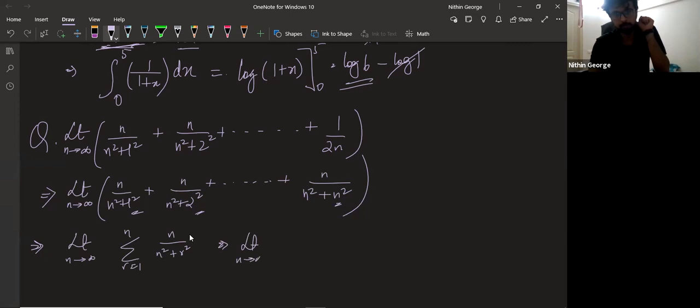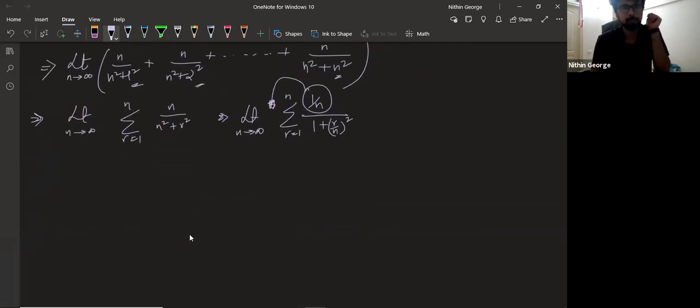To convert into r by n form, I divide numerator and denominator by n square. So numerator becomes 1 by n, and this becomes 1 plus r by n whole square. 1 by n I need to remove out also. So this simply becomes limit n tends to infinity, 1 by n, sigma 1 by 1 plus r by n square, where r moves from 1 to n.